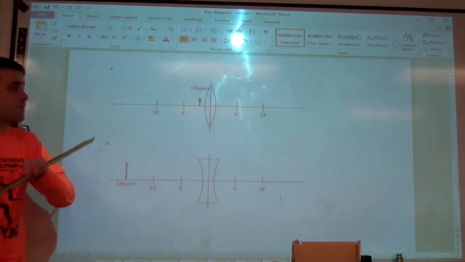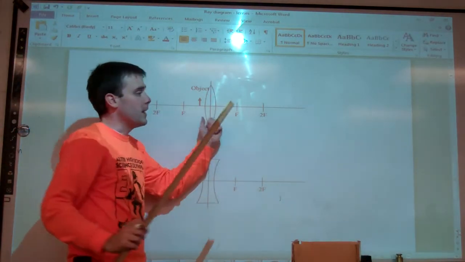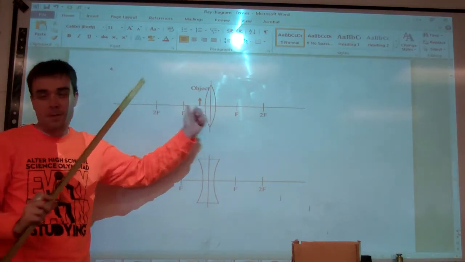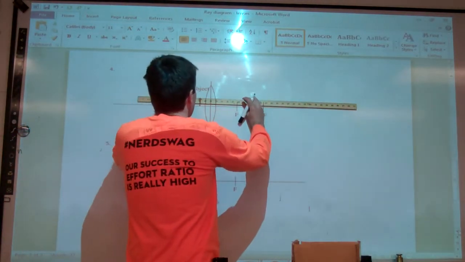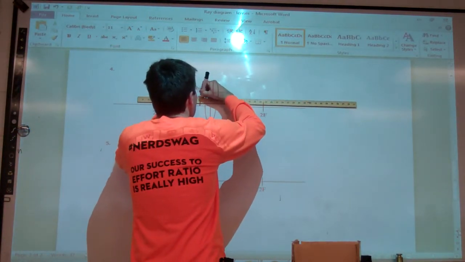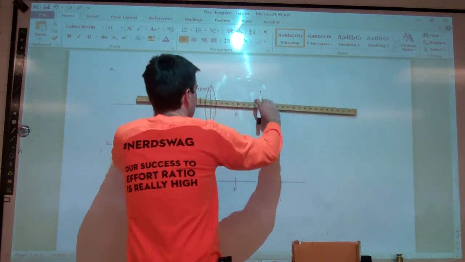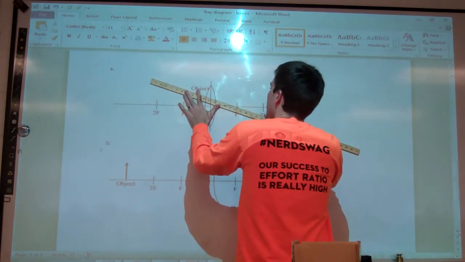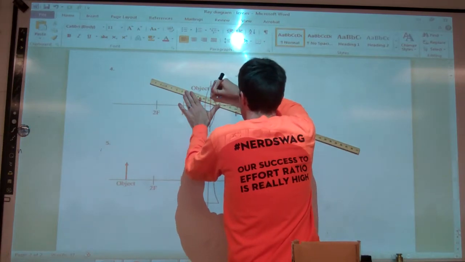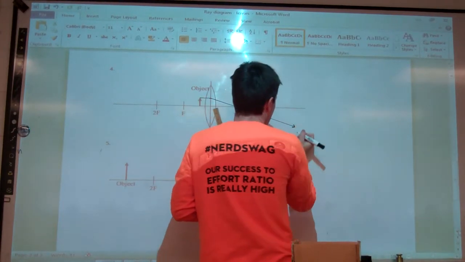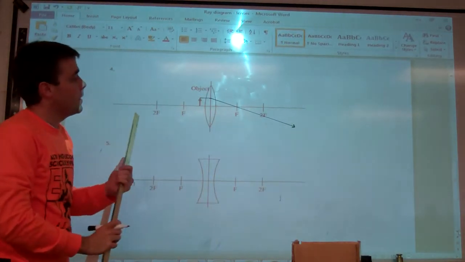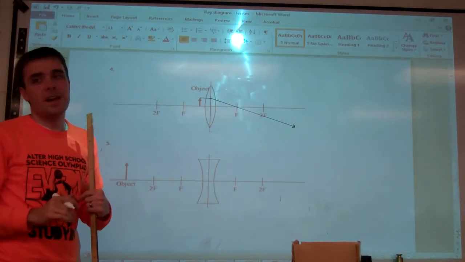Alright, so this one is the normal thing. If you use a magnifying glass, this is going to end up being a virtual image, just like before. So we go parallel, then to the focal point, and now we've got a choice here.